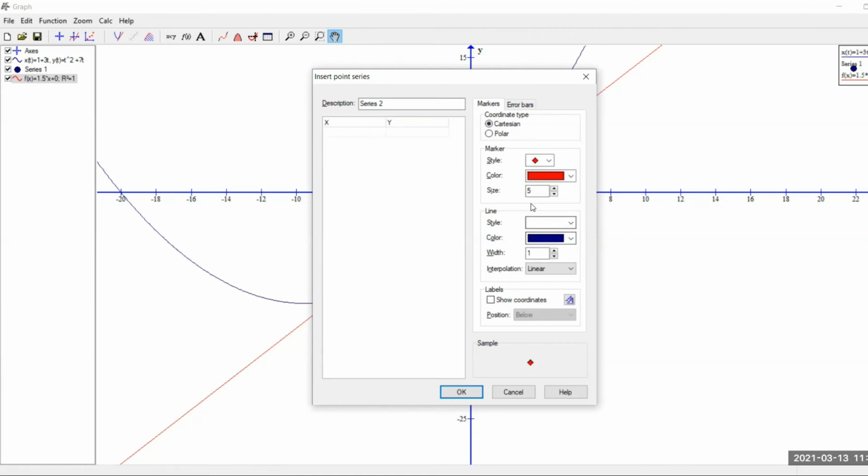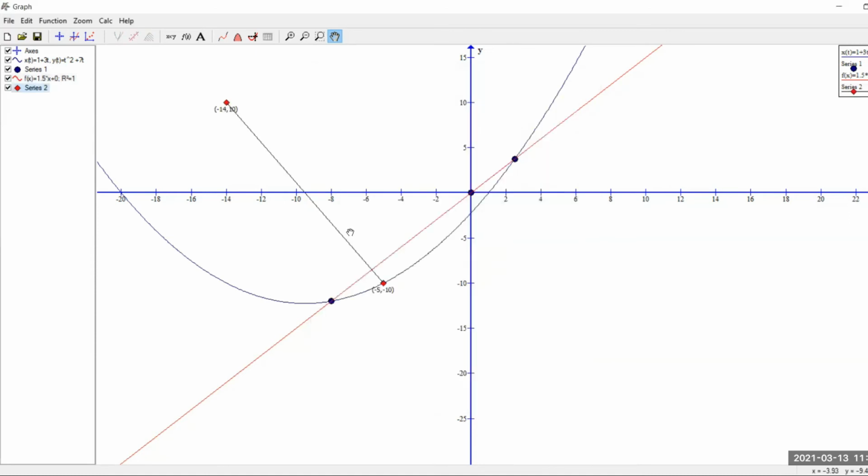All right, and I want to show the coordinates. So we said P is the point -5, -10. And Q is the point, what is Q again? Q is the point -14, -10. All right, so we plot those points.